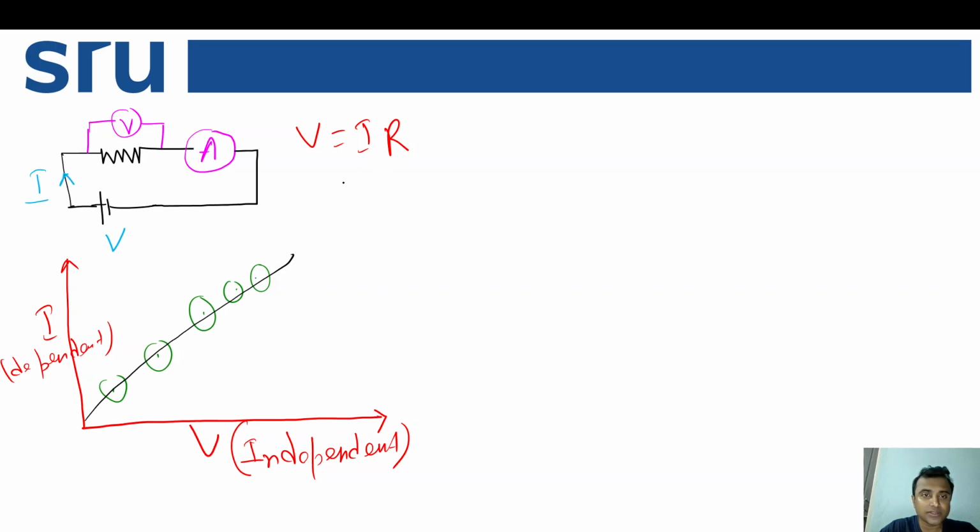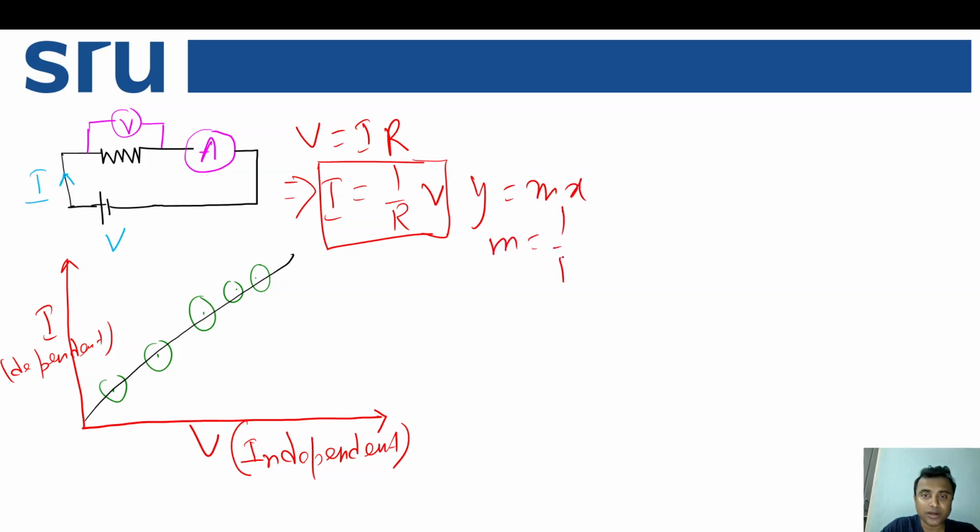Now in this curve we can simply modify it, because it will be I equal to 1 over R times V, and this looks like y equal to mx, where m is 1 over R, y is I, and x is V, correct? So this does look like the equation of a straight line passing through the origin, where m is the slope and it is 1 over R here.